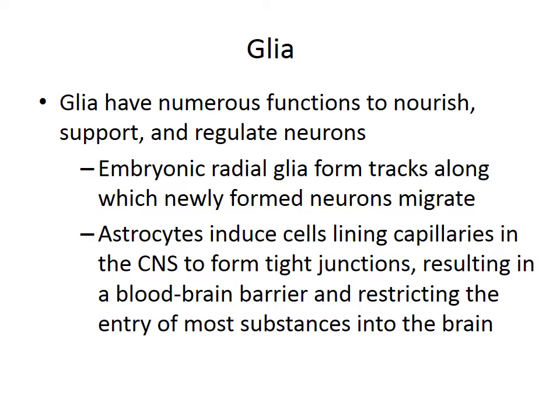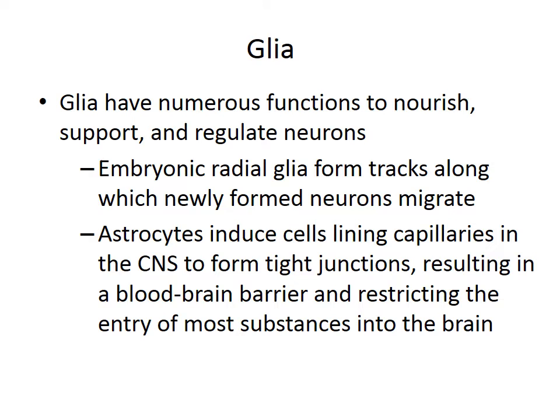Well, at that point, you're going to have these little glia cells which are going to form tracks once the nerve cells have differentiated, and tell the nerves to follow to this particular area where we're going to make the brain.